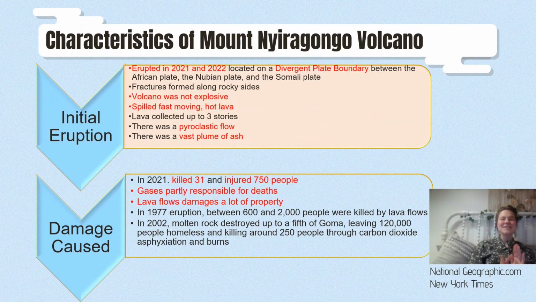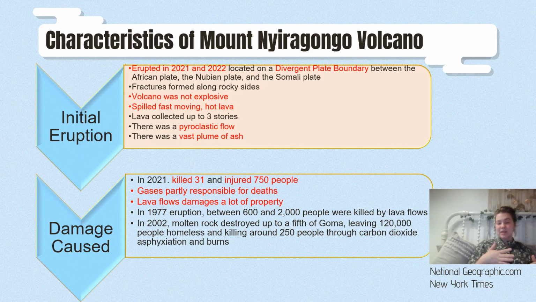This volcano erupted in 2021 and 2022. It was not explosive, and the lava was very hot and fast moving. There was also pyroclastic flow and vast plumes of ash.